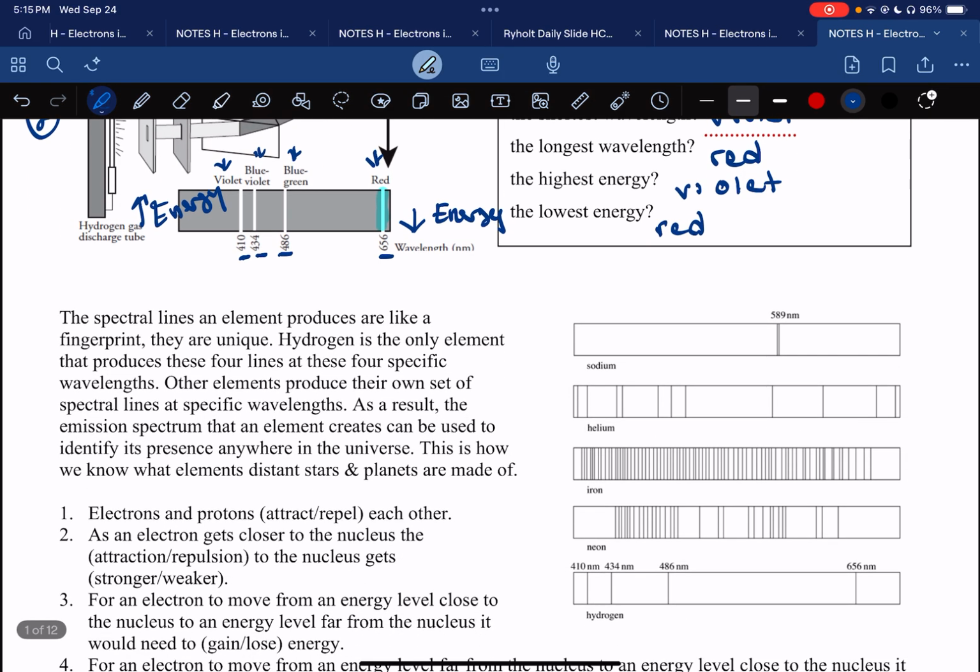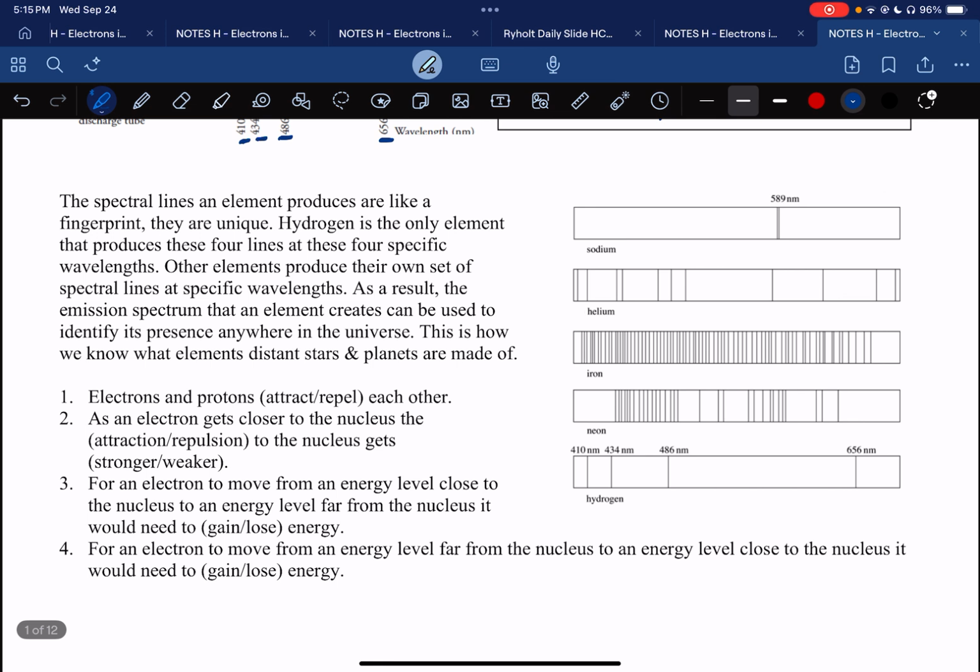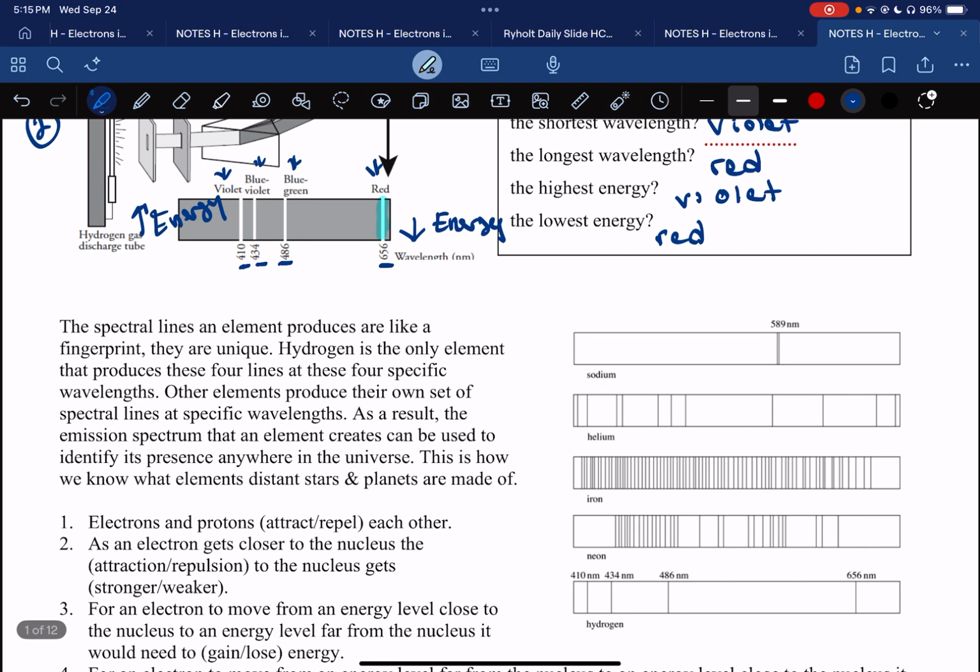All right, so we're moving down here, and it goes on to talk a little more about these spectral lines. They act like a fingerprint. Hydrogen is the only element that produces the four lines that you just saw. So if I am a scientist and my instrument is showing me these specific four lines at these specific wavelengths, then I know that I have hydrogen.